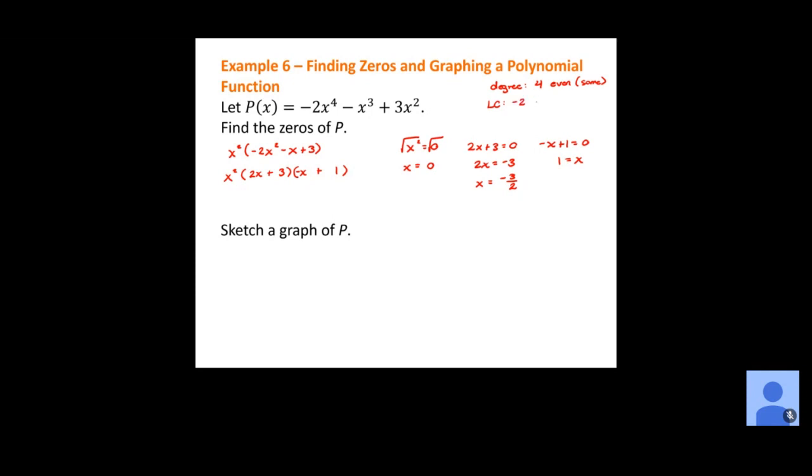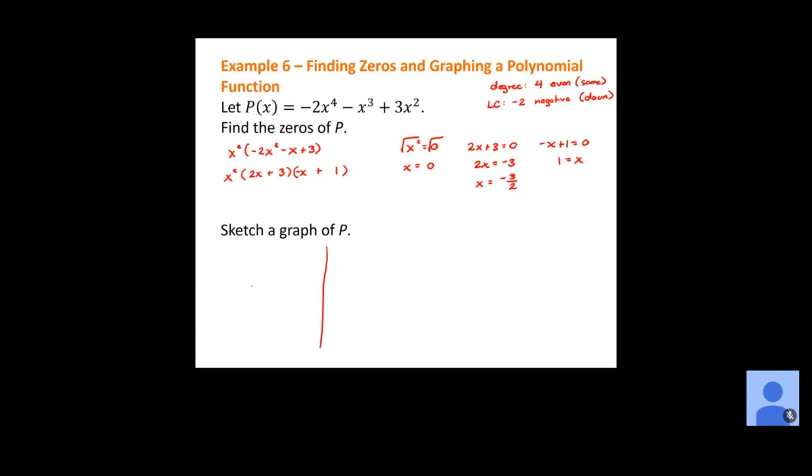Negative 2, which means we have a negative. And so they're both going to be going which direction this time? Down. Good. So because it's an even degree, we know they're going in the same direction. Because it's a negative leading coefficient, that means both ends are going down.